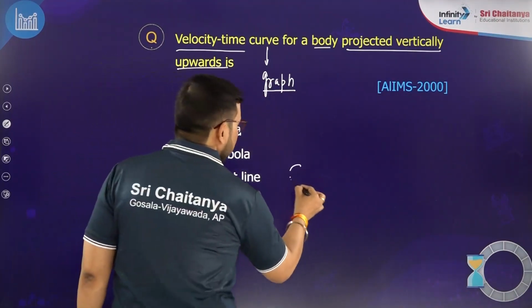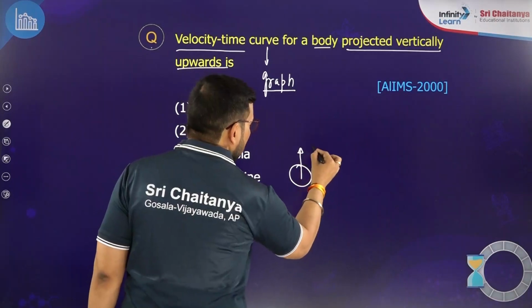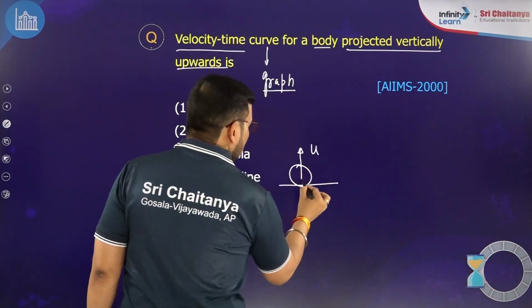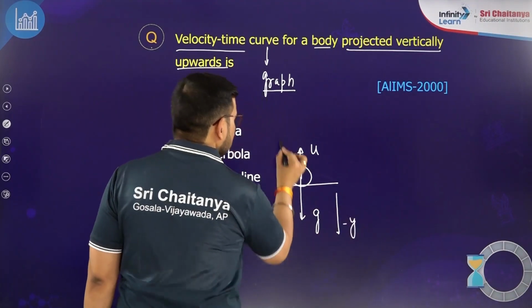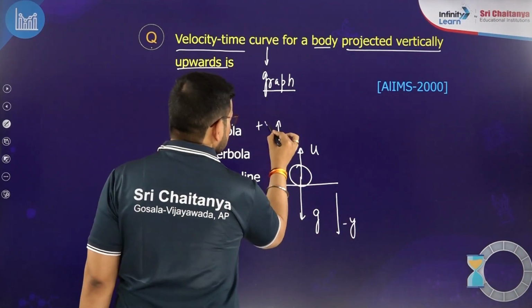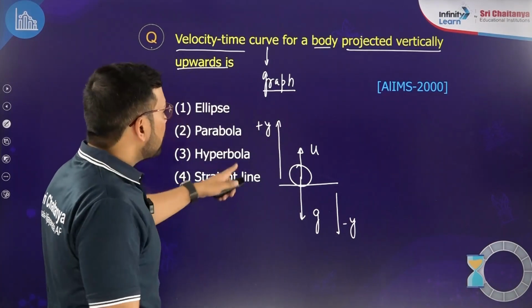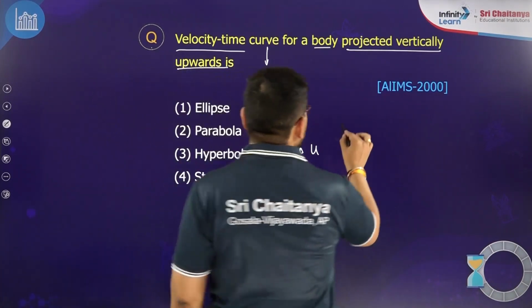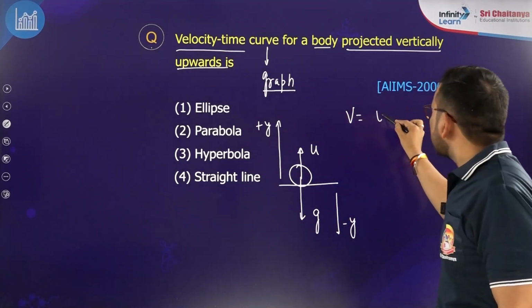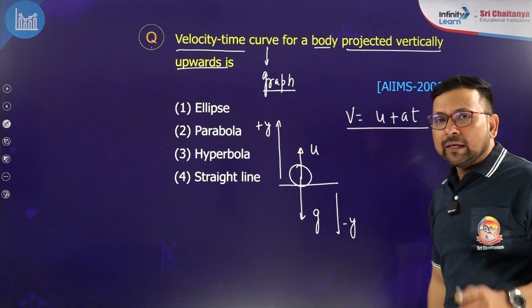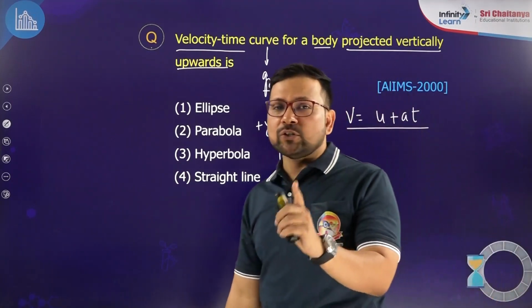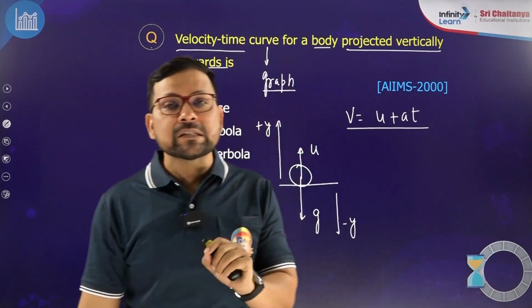So the body is going up with velocity u, let's say, and g is downward. So that is the negative y and that is the positive y, these are the two axes. Now I want to write the Vt equation: V equal to u plus At. In motion under gravity, we will never directly use equation values; we have to consider sign.